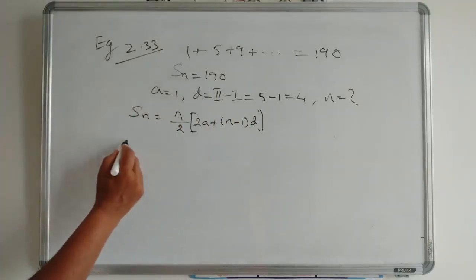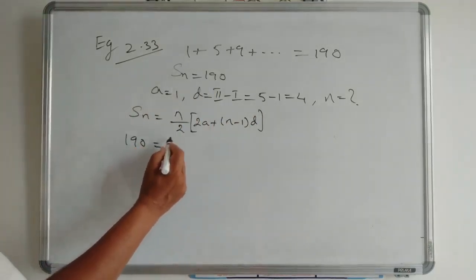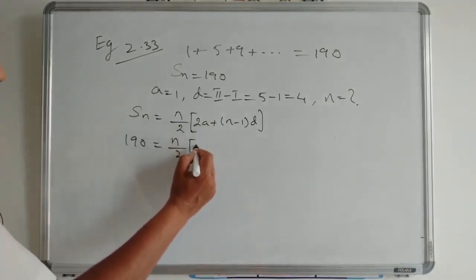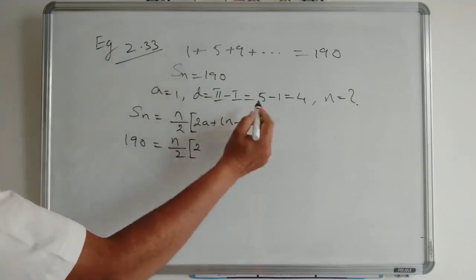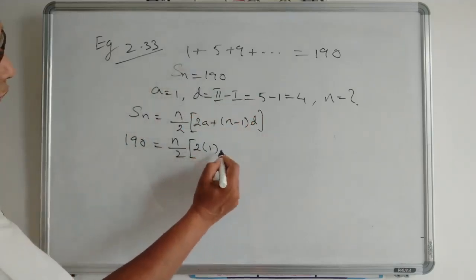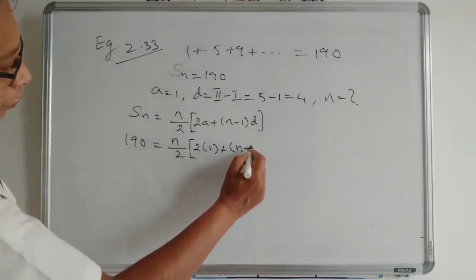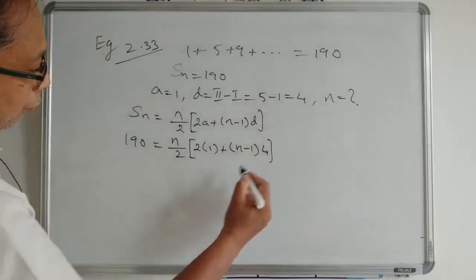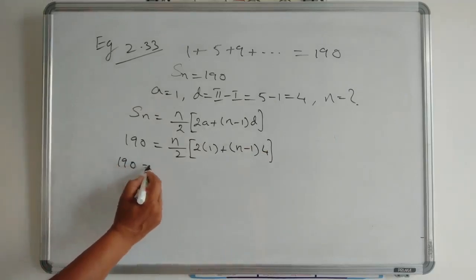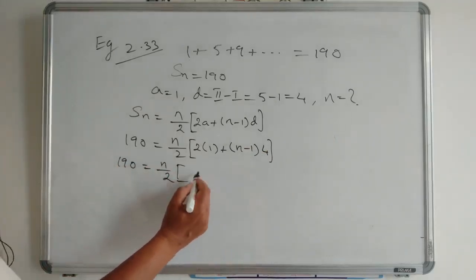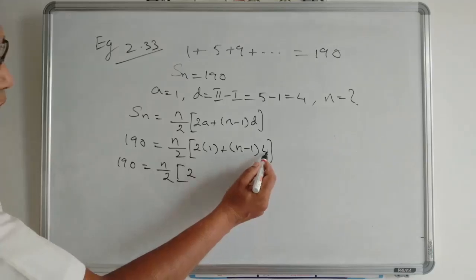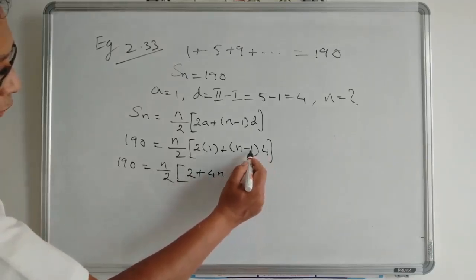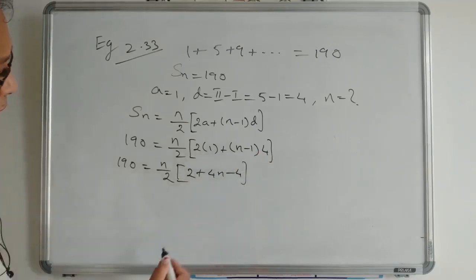The Sn value is 190, and the n value we don't know. Therefore we write n by 2 into 2a, the a value is 1, plus n minus 1 into d, where d is 4. Therefore 190 equal to n by 2 into 2 plus 4n minus 4.